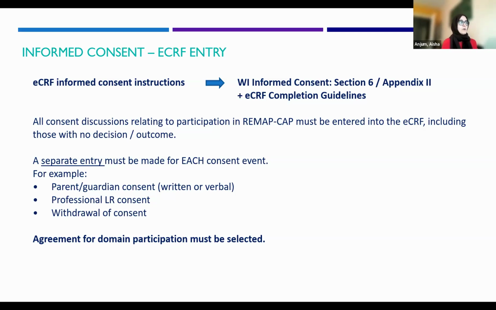For example, if a professional legal representative consent was taken first, there would be one event for that. And then if there was a parent guardian consent taken afterwards, that would be another event. If the patient then withdrew, that would again be a third event added. So we do need individual events to be added for all consent types happening.